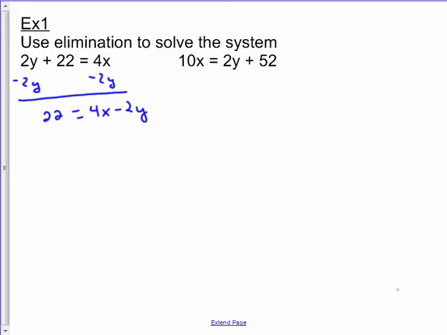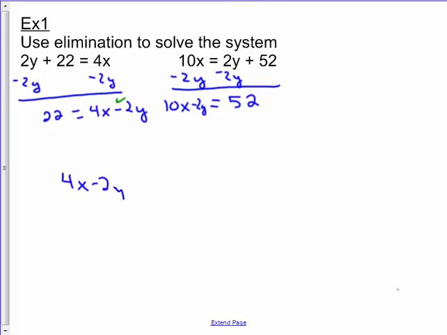I'm going to move the 2y from the other side as well, and I'm going to get 10x minus 2y. At this point, I'm just going to rewrite my equations here, give myself a little bit of room. When I rewrite them, I'm going to write 4x minus 2y equals 22, and 10x minus 2y equals 52.